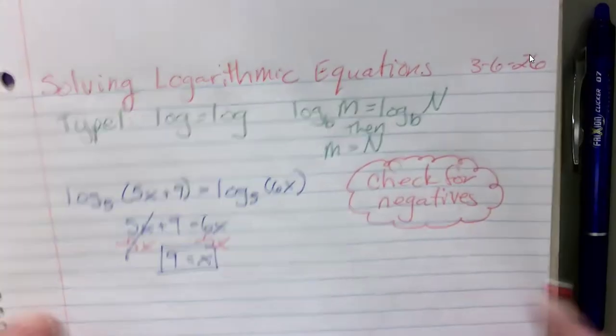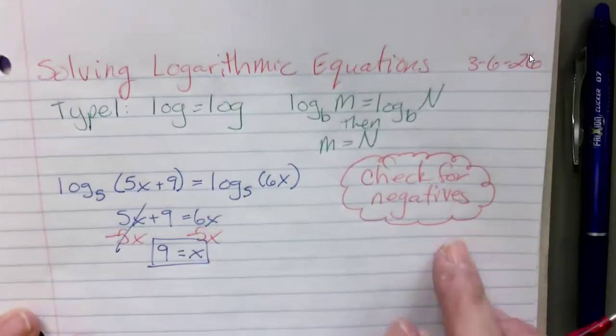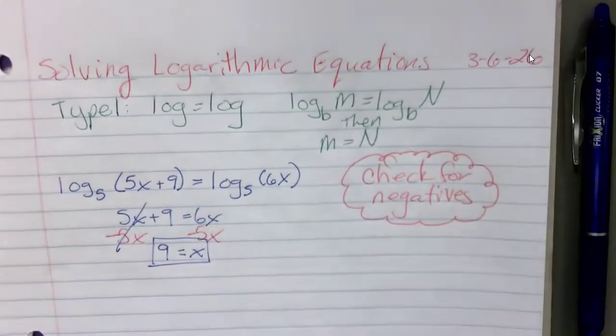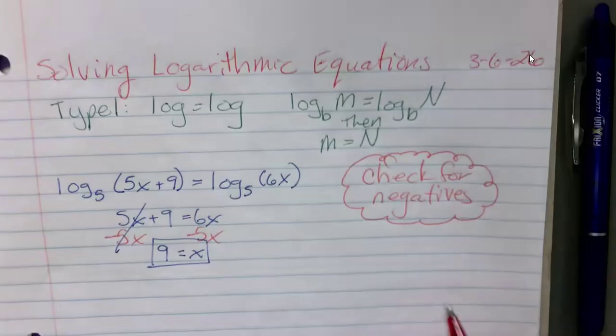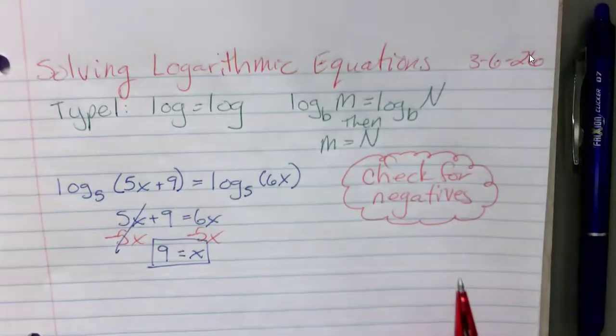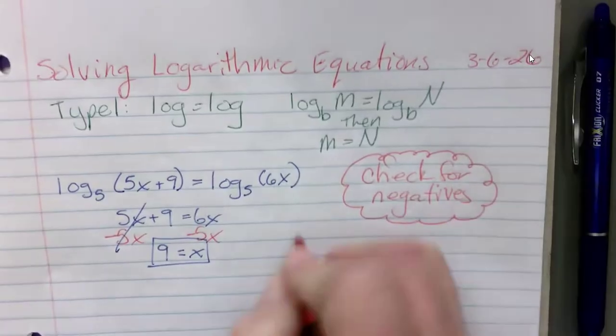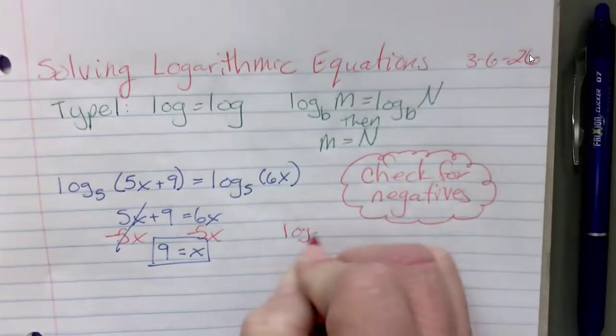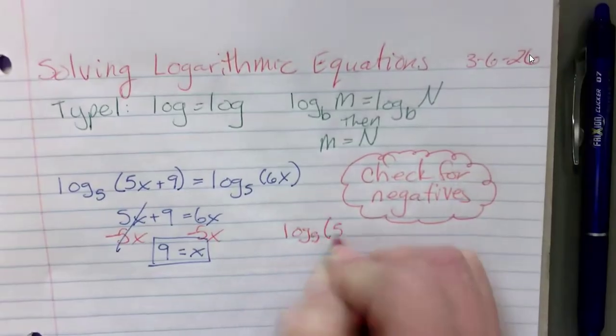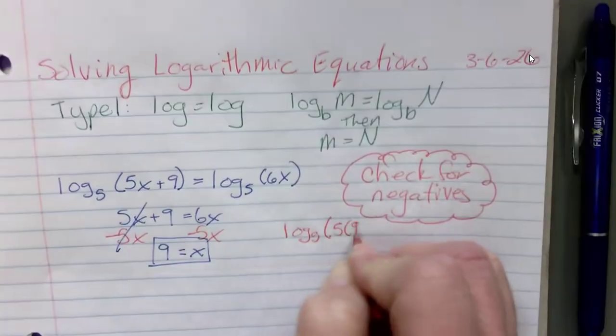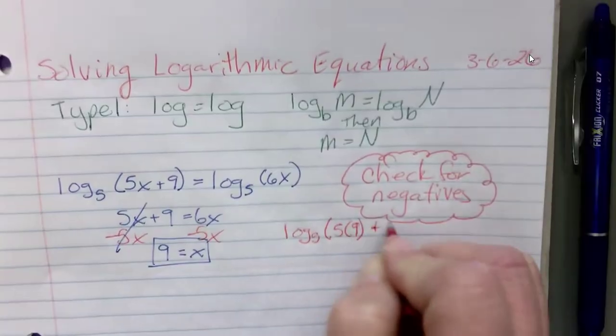All right? So when I'm checking for negatives, you're like, Ms. Heathcote, x equals 9. It's a positive 9. It's not a negative, so we're fine. Except that I want to know if the log would be a negative. So I have to plug that 9 into our original equations. So we had log base 5 of 5 times 9 plus 9.